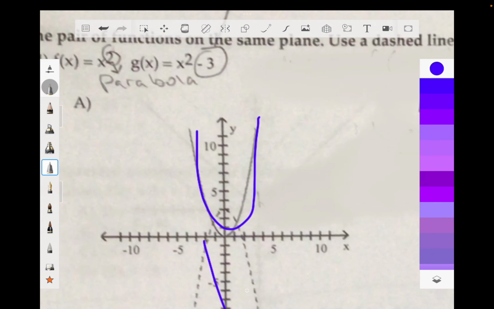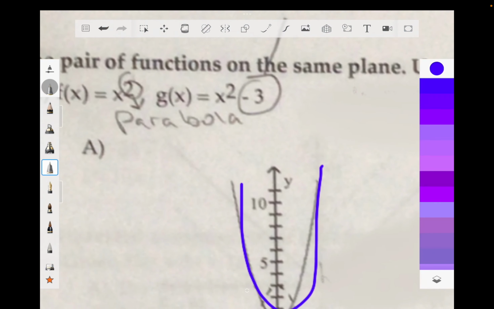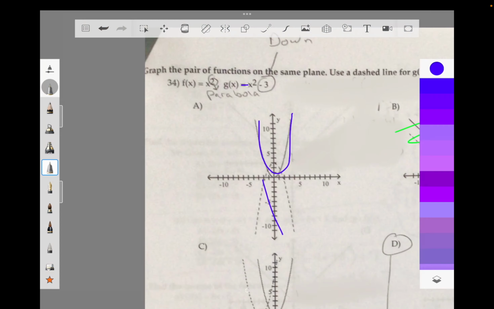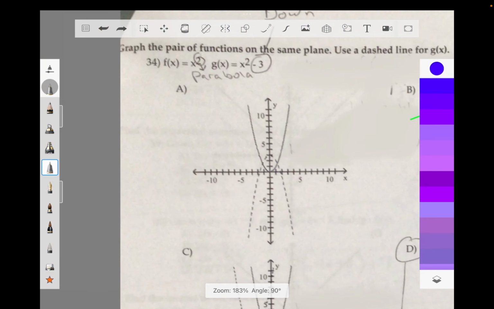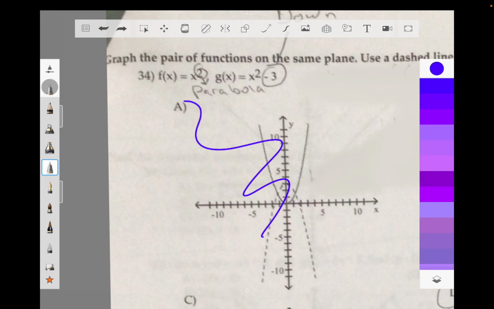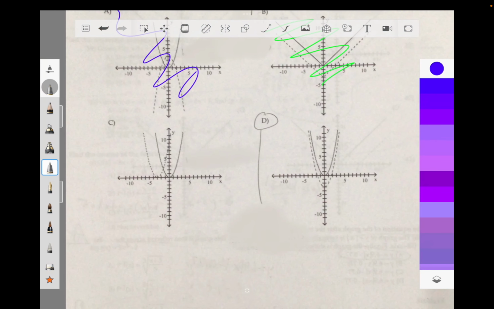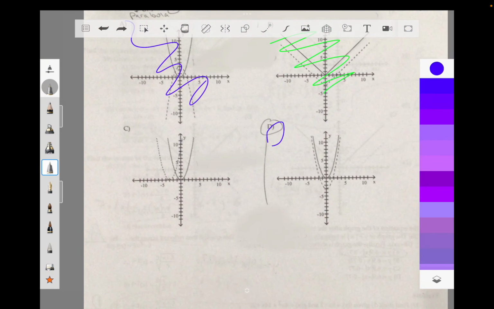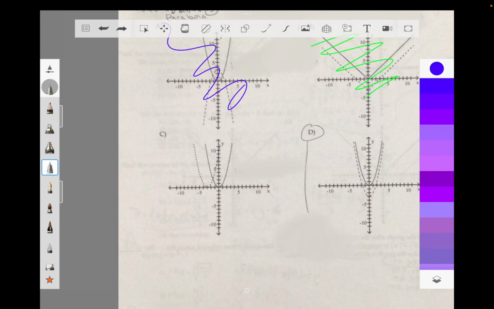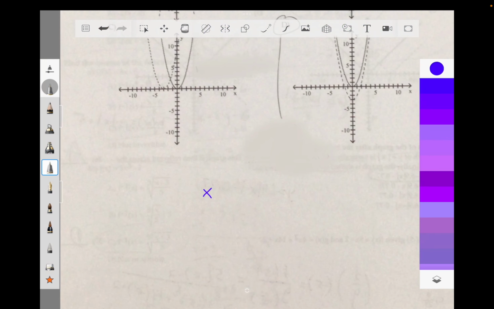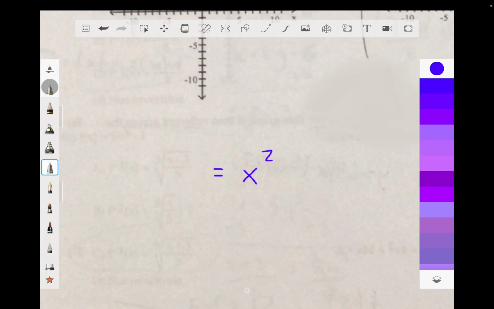If it was a negative x squared in front, then it might be this one. But since it's not negative x squared in front, you can get rid of A as well. So it's either C or D, which, I mean, you see it's this one. So x squared, this one's f of x, and g of x is x squared minus 3.